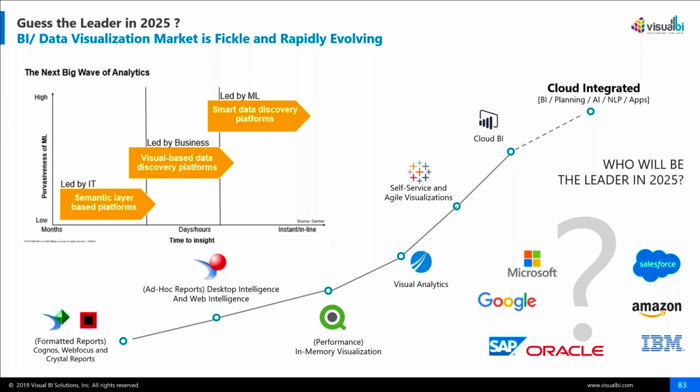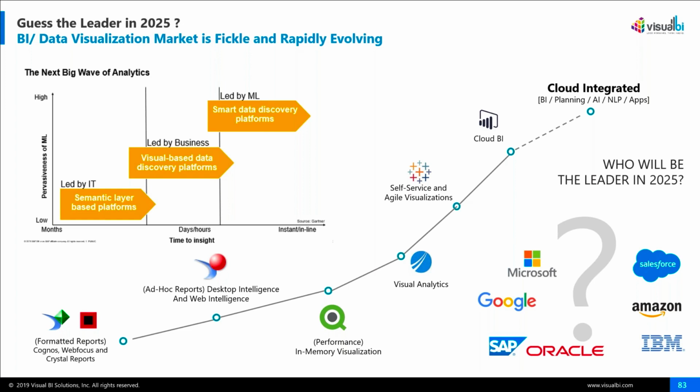But if you really look at the crystal ball in 2025, and at the strategies, it's about providing an integrated user experience when it comes to data. Your BI data, your budget and forecast data in the form of planning, your AI on top of it, NLP on top of it, and a lot of self-serve applications on top of it.